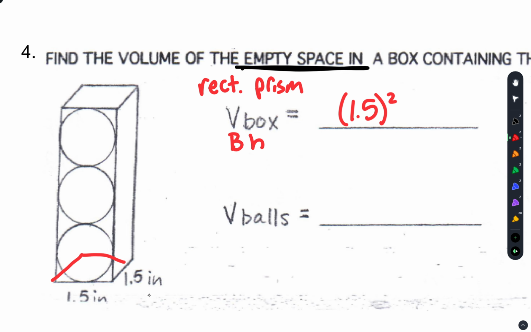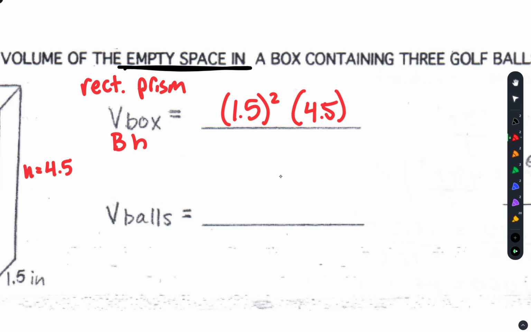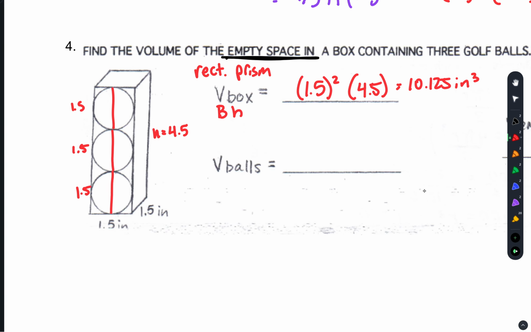We know that one diameter of a sphere is 1.5. So if I stack 3 of them on top of each other, the height of this box is then 4.5. Everybody got that? I think this is an exact value: 10.125 inches cubed is the volume I got for that part of the box.